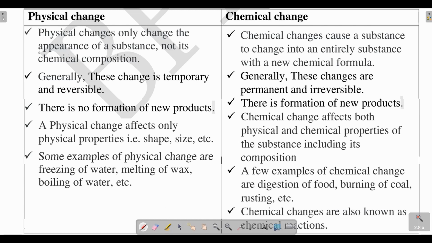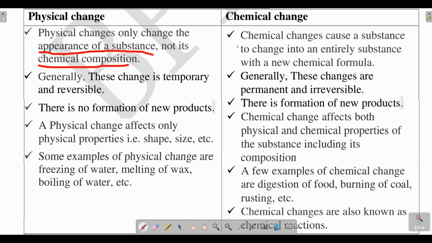For example, if we boil water, water is in the liquid state, but vapor is in the gaseous state, and still the vapor also consists of water particles. That means its chemical composition is not changing, only its physical appearance, like changing from liquid to gaseous state.